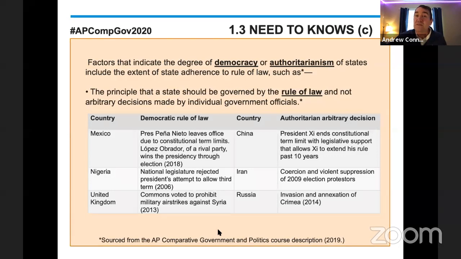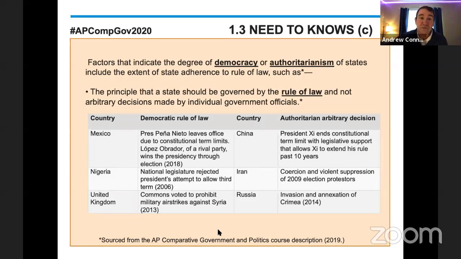And we have independent courts in a democracy that make public decisions about the interpretation of those laws. And in criminal proceedings or civil proceedings, we can see a history of how those laws are applied in particular cases. So again, there's a transparency and a precedence in a democracy.